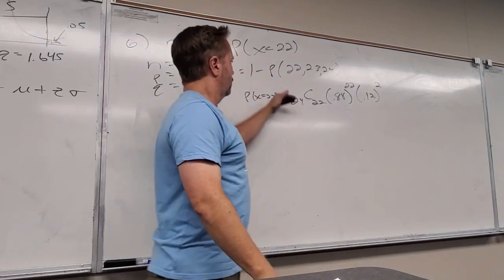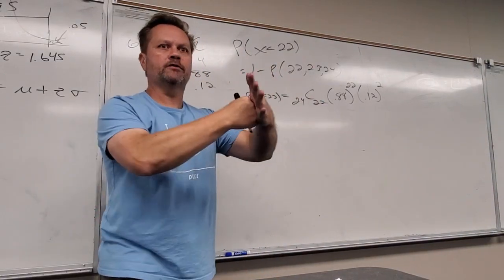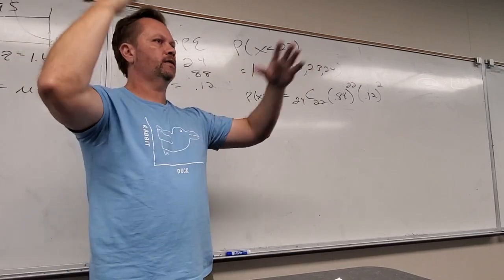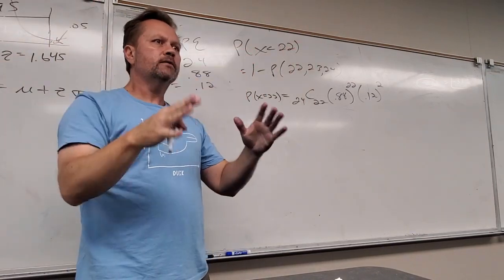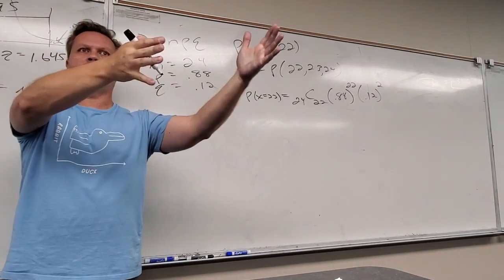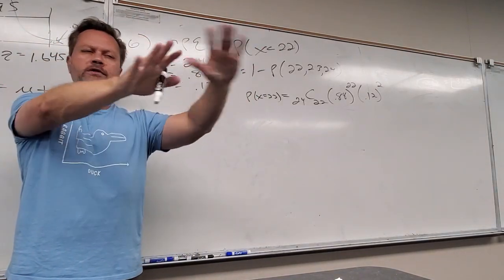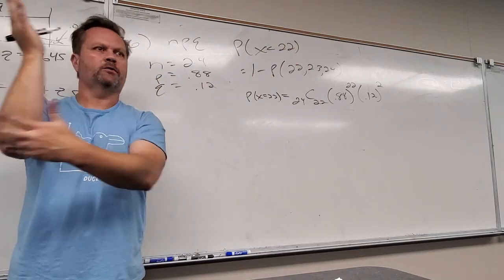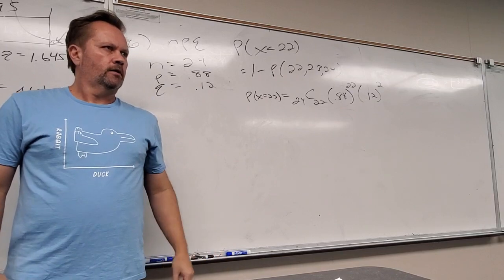Okay. Then you would do 23 and 24 and add those up. That's the opposite question's answer, so then I do 1 minus that. That's how all probabilities work. If I can get the opposite probability easily, of course I'm going to do that, because then I do 1 minus, and I have what the person wanted.